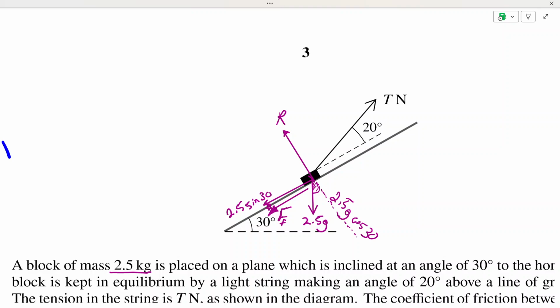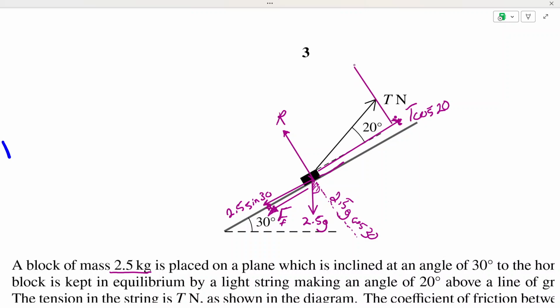Then I'm going to do the same with the T newtons, acting up the plane. Just resolve that T, which is going to be equal to T cos 20.